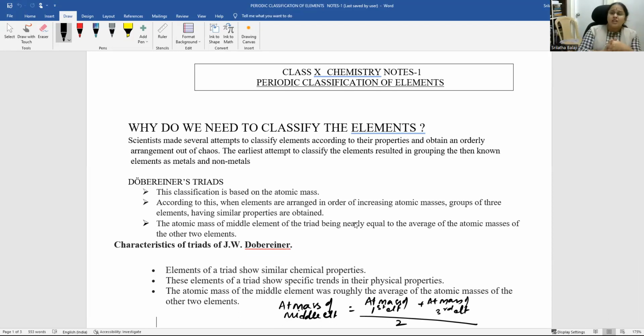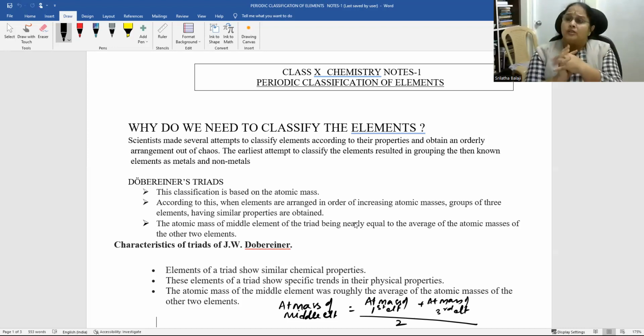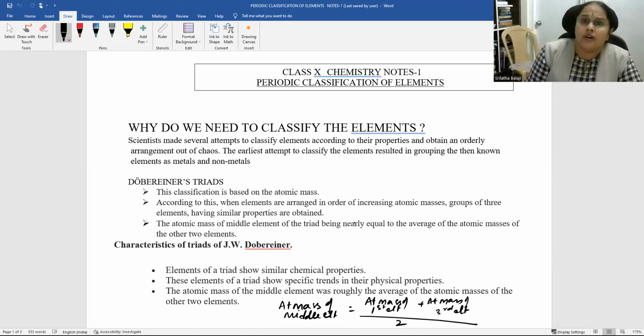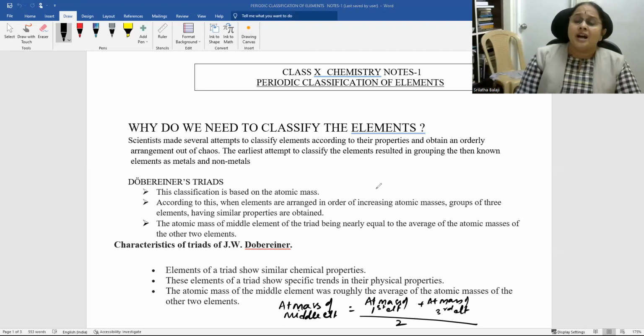Okay. So, one of the first attempts we are highlighting here is Dobereiner's triad. A triad is a set of three elements, arranged in the increasing order of atomic masses.